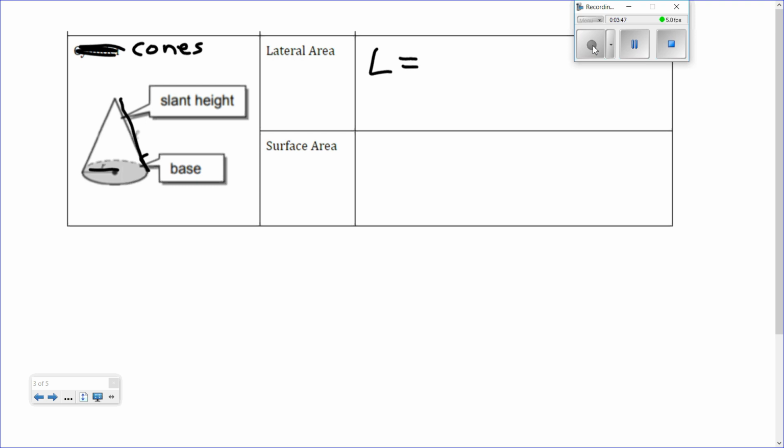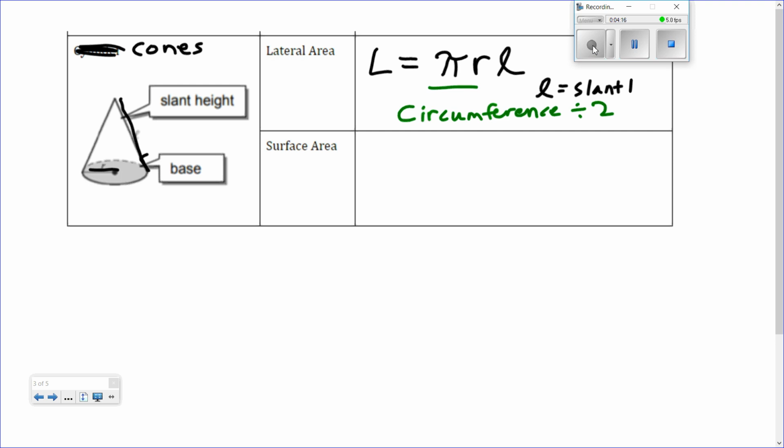The lateral area for your cone is going to be pi r L. This pi r is your circumference divided by 2. We're only talking about half, because it comes to that point. And that L, again, is your slant height.